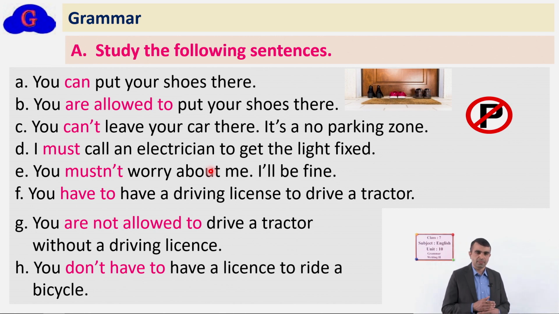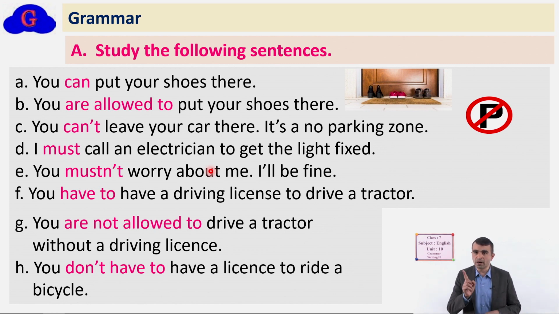Number A. You can put your shoes there. B. You are allowed to put your shoes there. They mean the same thing, don't they? Number C. You can't leave your car there.